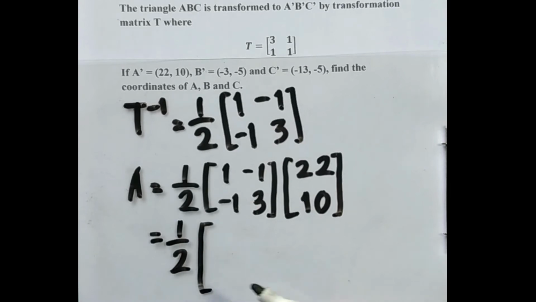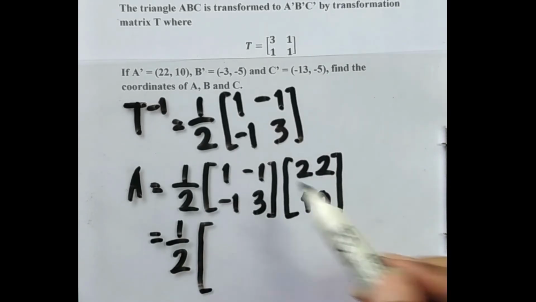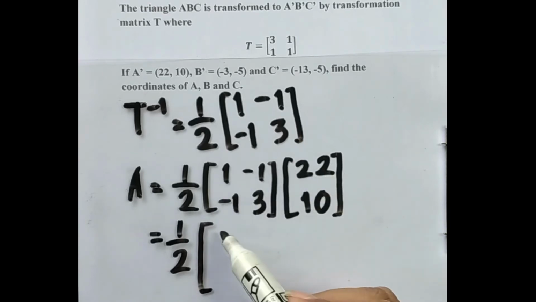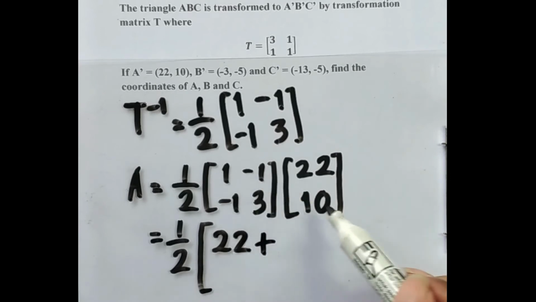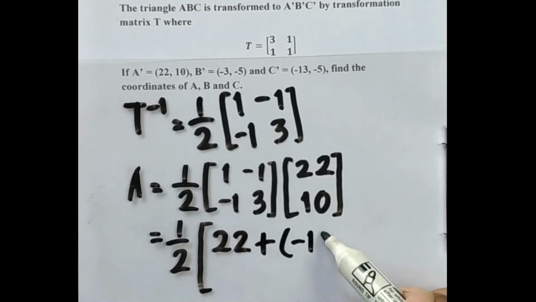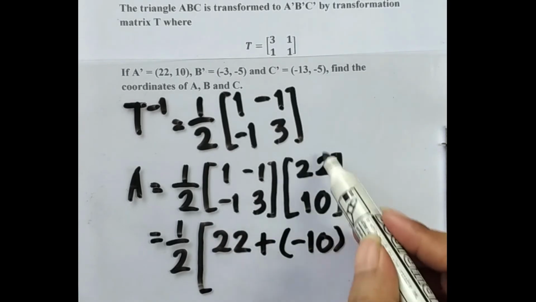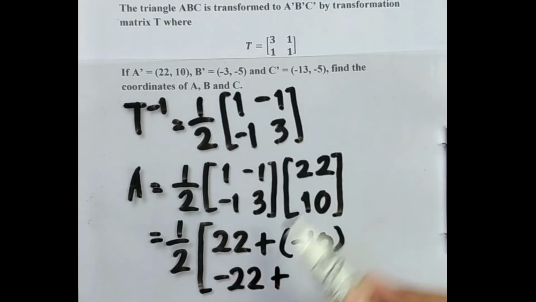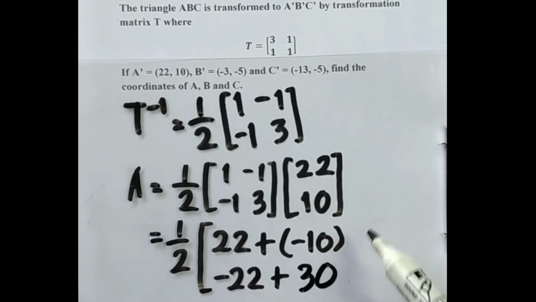Remember how to multiply two matrices? Row times column. Okay. So 1 times 22 is equal to 22 plus negative 1 times 10 equals negative 10. And then this row times this column. Negative 1 times 22 and 3 times 10 equal to 30.